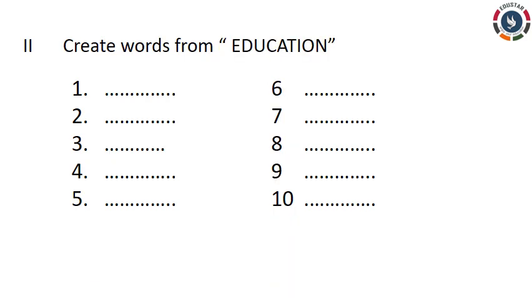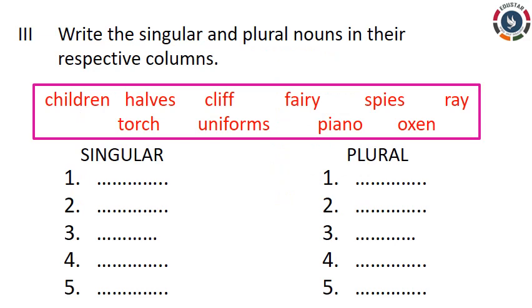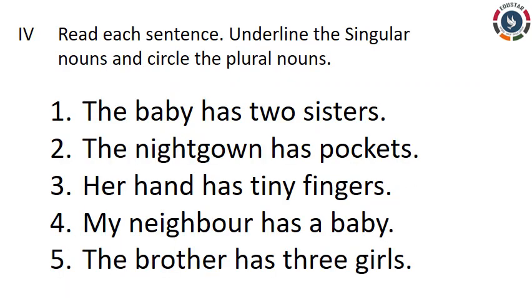Two. Create words from the word education. Three. Write the singular and plural nouns in their respective columns. Four. Read each sentence, underline the singular nouns and circle the plural nouns.